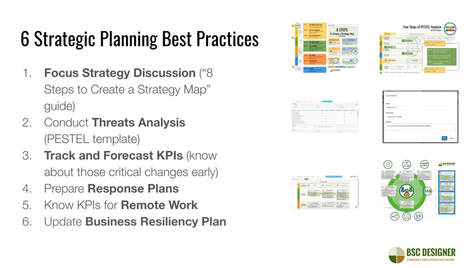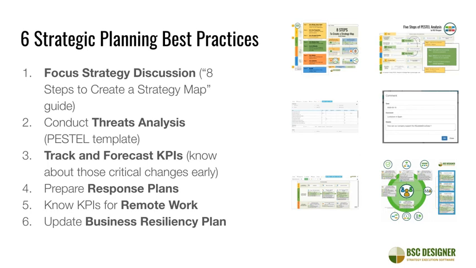And the final best practice that I wanted to recommend is in the competence of corporate governance. The number 4, the response plans, is something operative, something that you need to implement probably right now, in the near future horizon. The business resiliency plan is something on a longer scale.